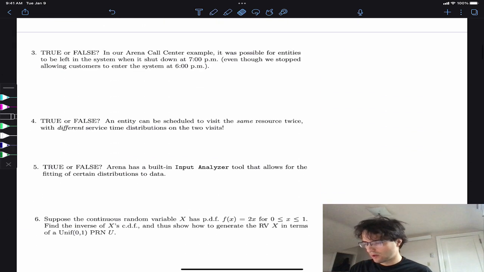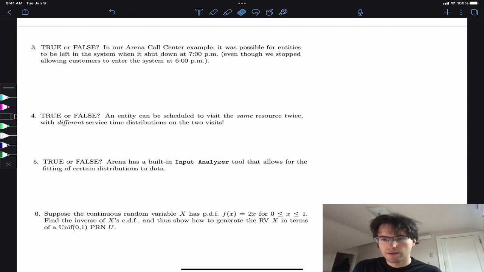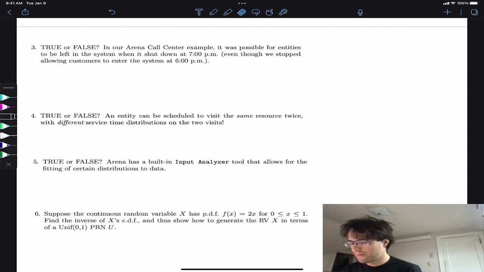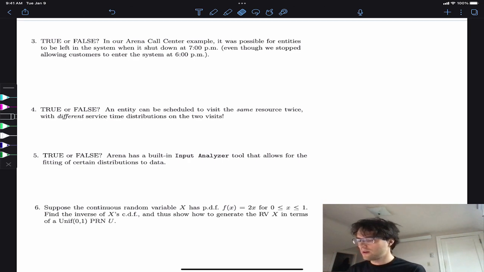Cool. Question 3. True or false? In our Arena call center example, it was possible for entities to be left in the system when it shut down at 7 p.m., even though we stopped allowing customers to enter the system at 6 p.m. This question goes back to a lecture video that Dr. Goldsman recorded, and I think he explicitly talks about this.